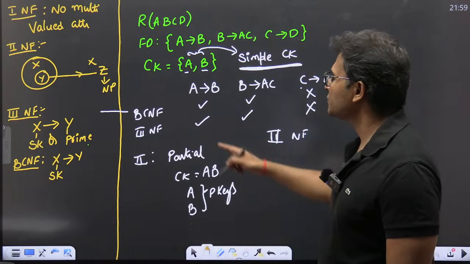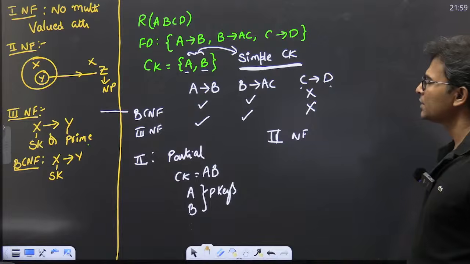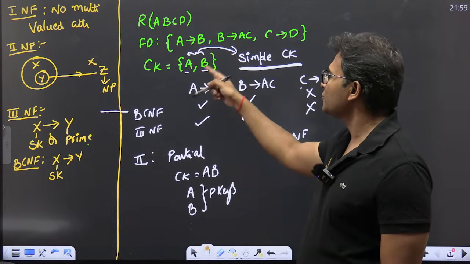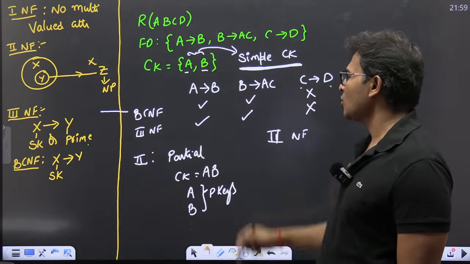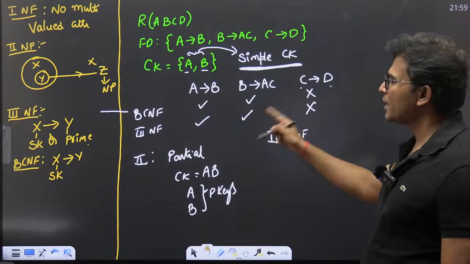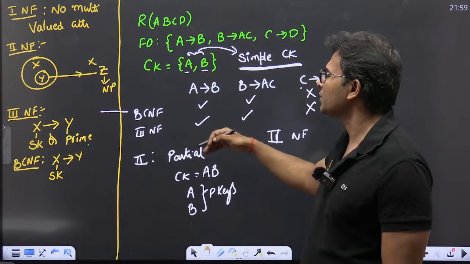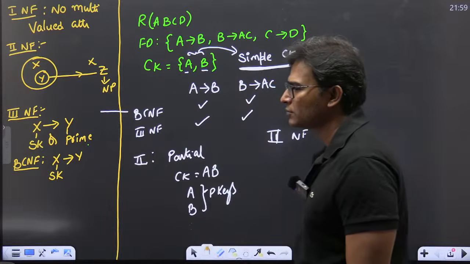Now similarly, when all the attributes are prime attributes, then the table is definitely in third normal form. We can't comment about BCNF. That is why even if all the attributes are prime or only single attributes, you have to start with BCNF only. Start with BCNF, then third normal form, then second normal form. Right.